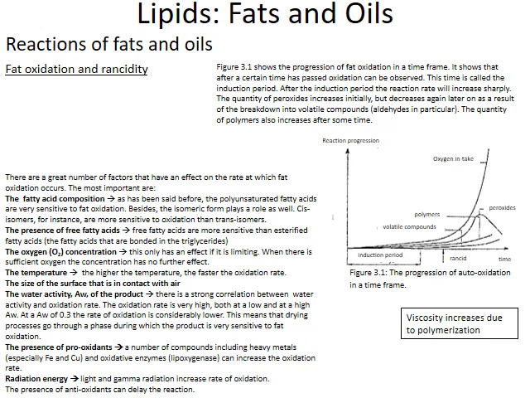Then you have the presence of material that will enhance the reaction, pro-oxidants, especially some metals, copper and iron. And of course, light will also increase it. That's the reason why we keep the butter in the fridge.